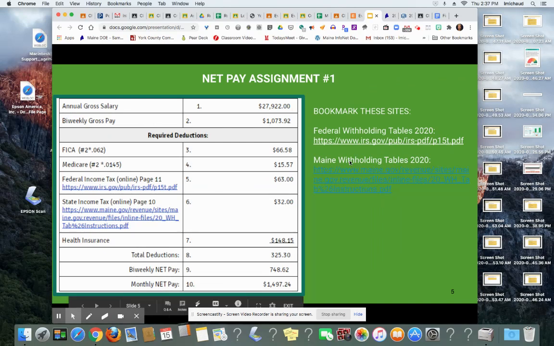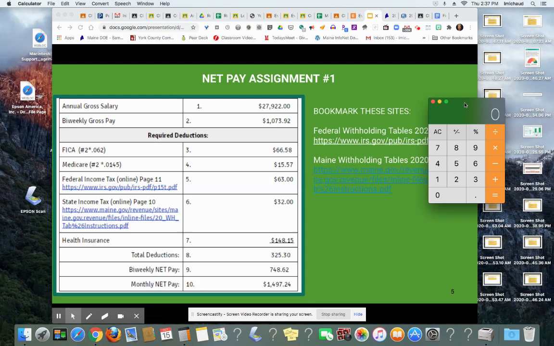Let me just show you on the calculator before we move on. $27,922 divided by 26, because that's biweekly. So your biweekly gross pay is $1,073.92.